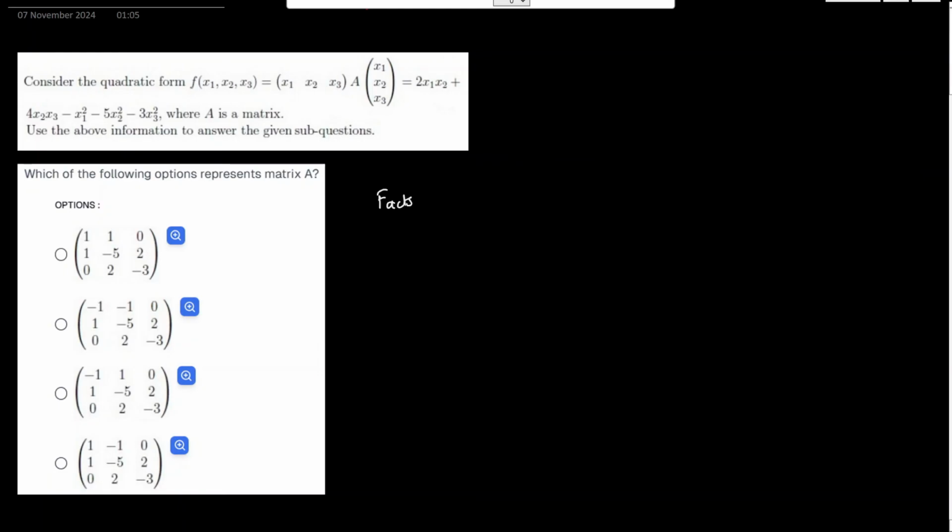The first fact is that the coefficients of x1 square, x2 square, and x3 square will all occur in the diagonal entries of the matrix.